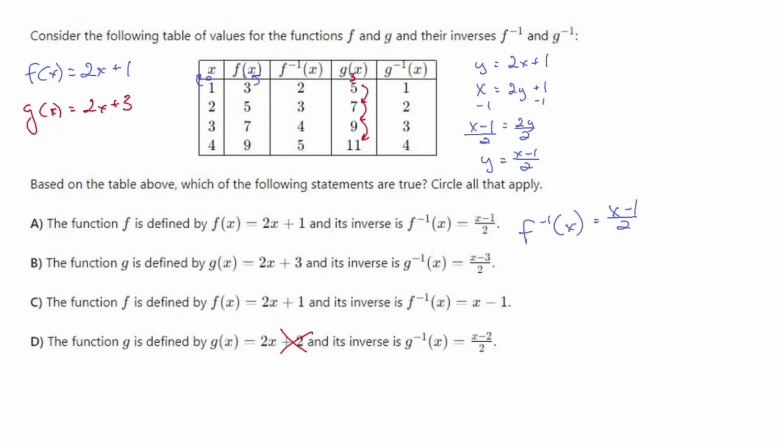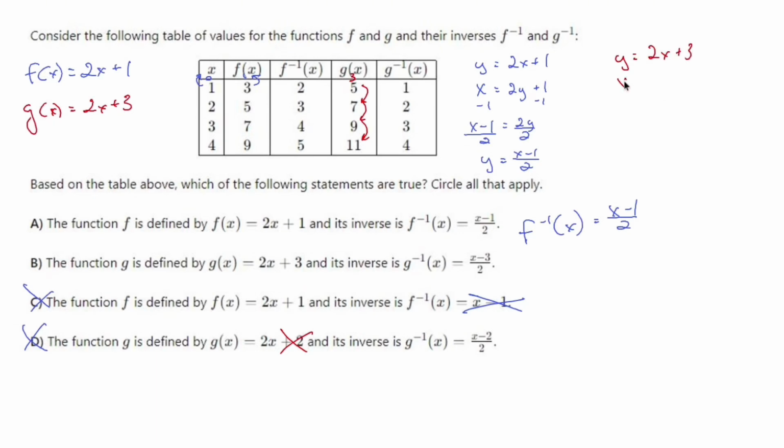Let's do the same thing with g of x. By the way, does that allow us to eliminate anything? X minus 1 over 2, x minus 1. Yep, so C is not an option, D was not an option. All right. So A is still a possibility, it looks like. Let's do g of x and do the same thing. Okay, turn g of x into y. Y equals 2x plus 3.